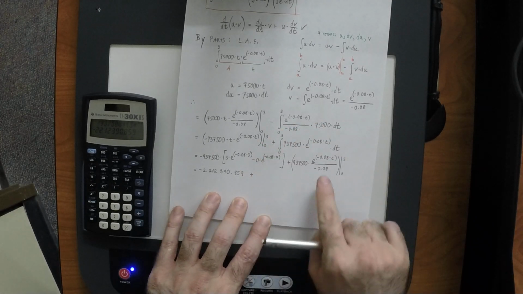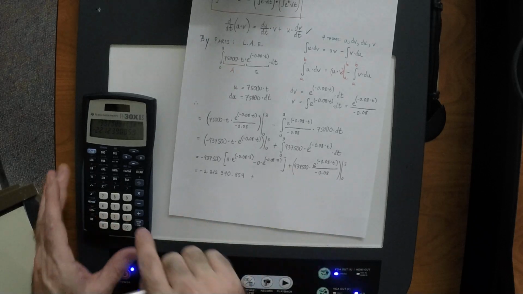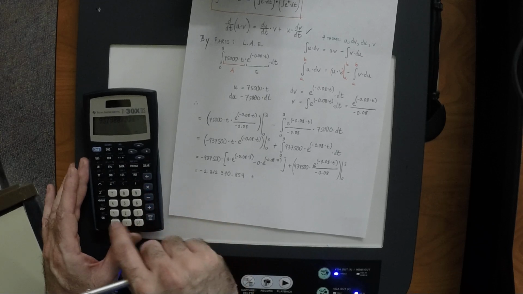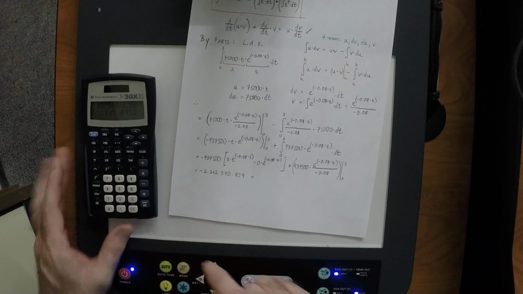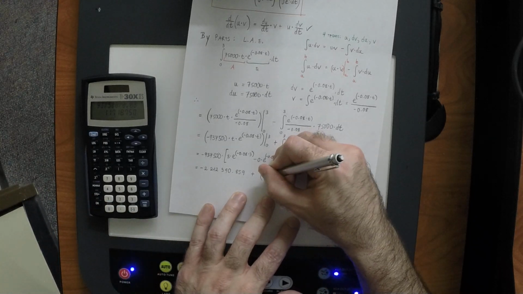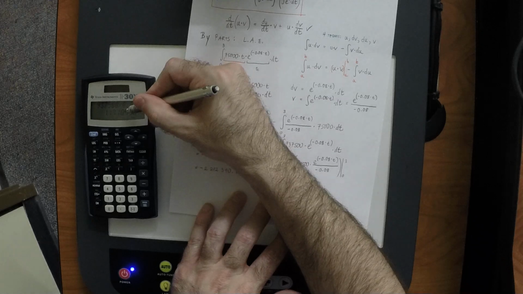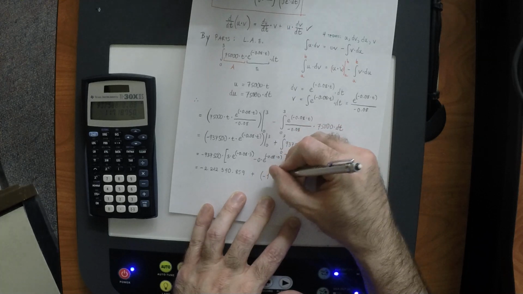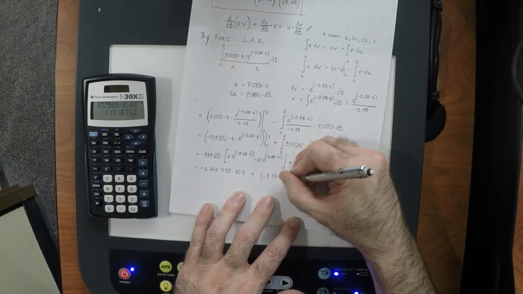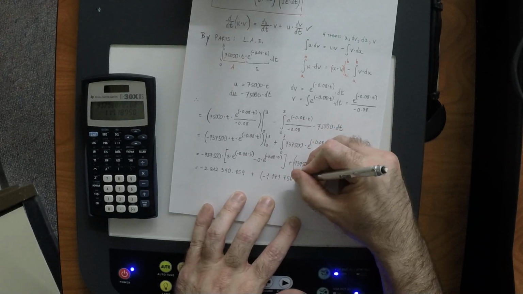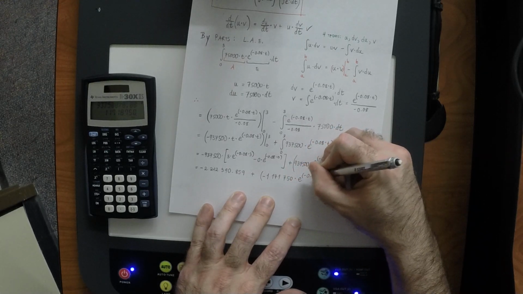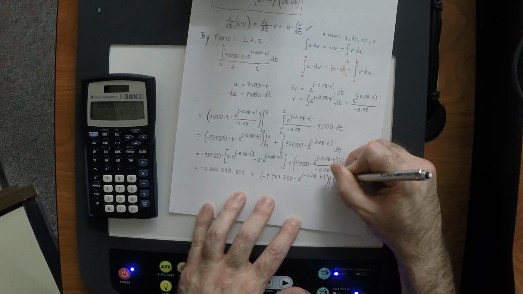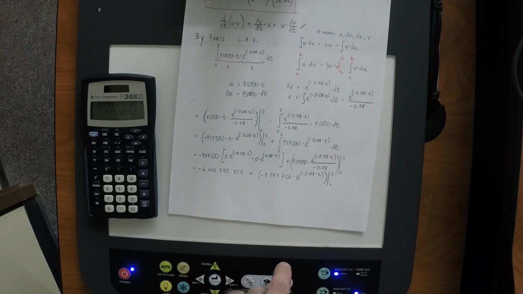So this will be plus, and then now I'll evaluate that constant. Okay, so that'd be plus negative 1,171,750 times the exponential of negative 0.08 t, and then I still haven't done the boundary evaluation yet, just preparing myself for it.